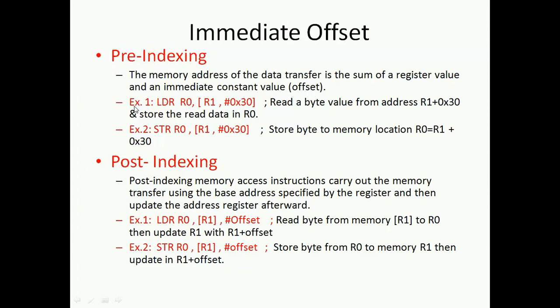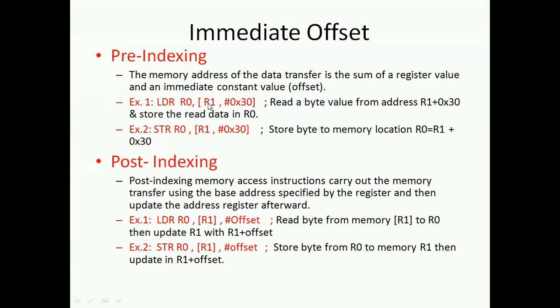Here you can see one example I have written. LDR R0, comma, inside the bracket R1, comma, this immediate value. This immediate value corresponds to the offset value. Since this is written inside the bracket, it is referring to a memory address. So what is the memory address here? The memory address is the content of R1 plus this offset value.